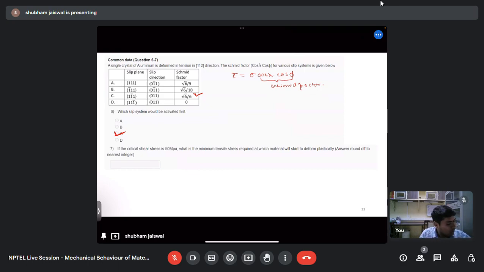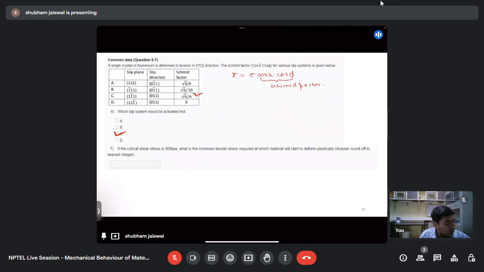So now they are asking, if the critical shear stress is 50 megapascal, what is the tensile stress required at which material will start to deform plastically? So here, in the first pass, we know the slip system with the highest Schmidt factor will be activated first, because less tensile stress will be required to deform a material plastically.